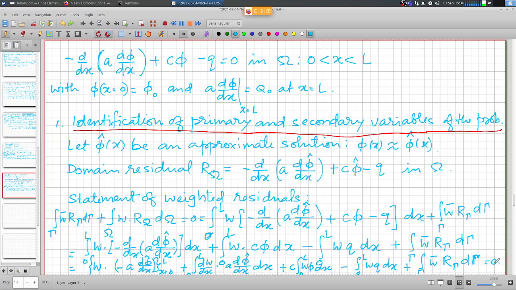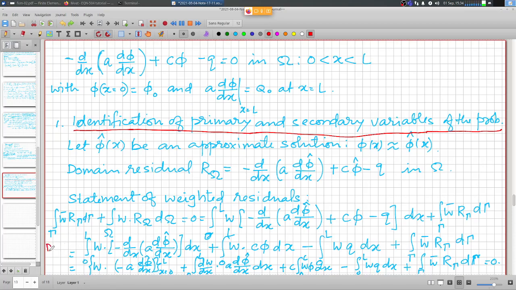So now, going back, if you recall our discussion on the definition of primary variable and secondary variable, the boundary term of the weak form of the weighted residual statement. So this is the weak form of the weighted residual statement, right?